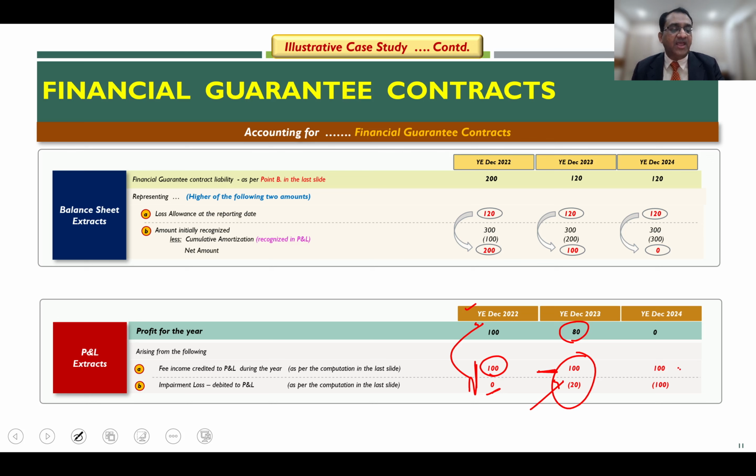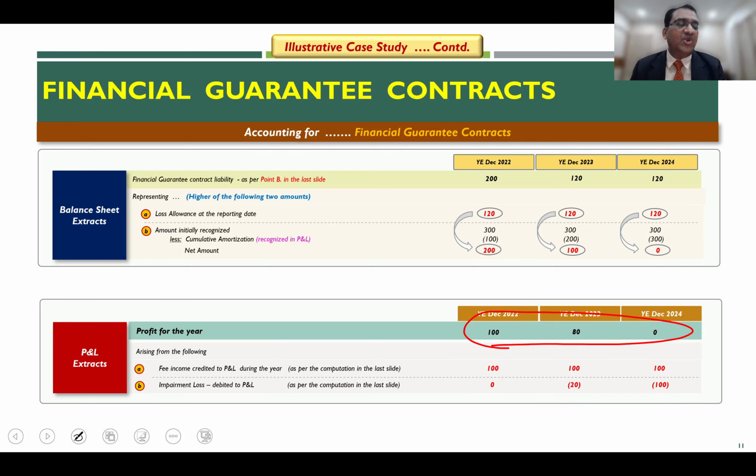And in third year, you will recognize 100 rupees of initial income, but then you will also have to record 100 rupees of impairment on account of this analysis, and therefore net P&L would be 0. So in effect, the net effect of this is 180 rupees as your net P&L.